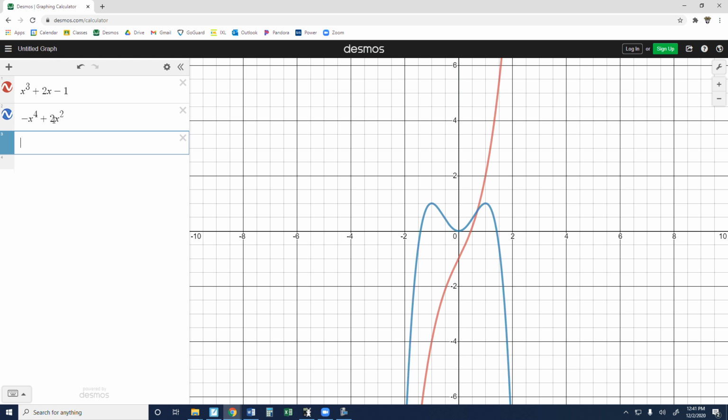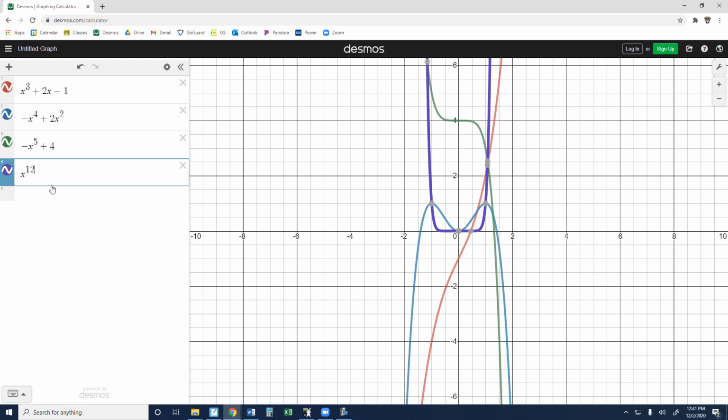Let's call this one negative x to the 5th plus 4. And then let's do one more. Let's call this one x to the 12th power plus 4x to the 4th power minus 3x plus 1. We're going to take a look at these 4 graphs.